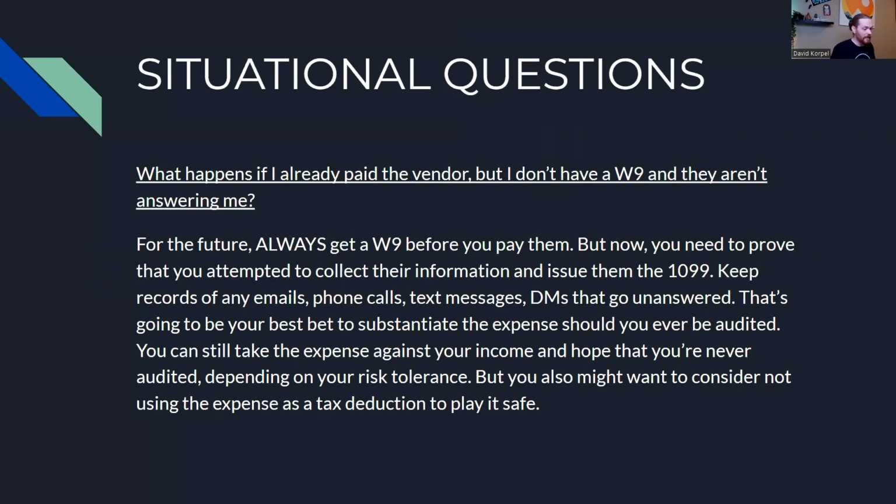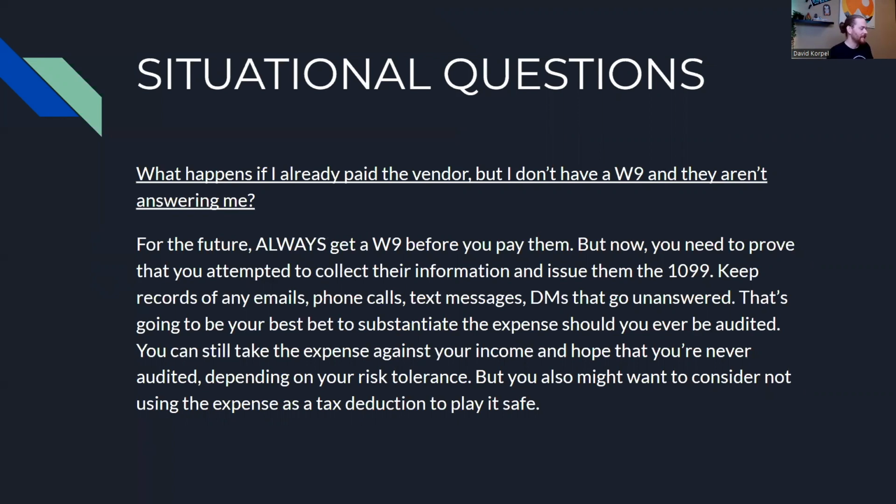That's going to be the best way to substantiate the expense if you are ever audited. We do recommend that you can still take the expense against your income and just hope you never get audited. But of course, that is a decision that is up to you depending on your risk tolerance.